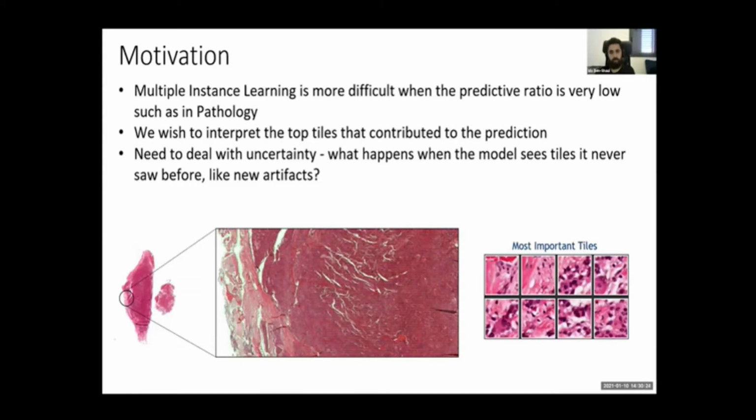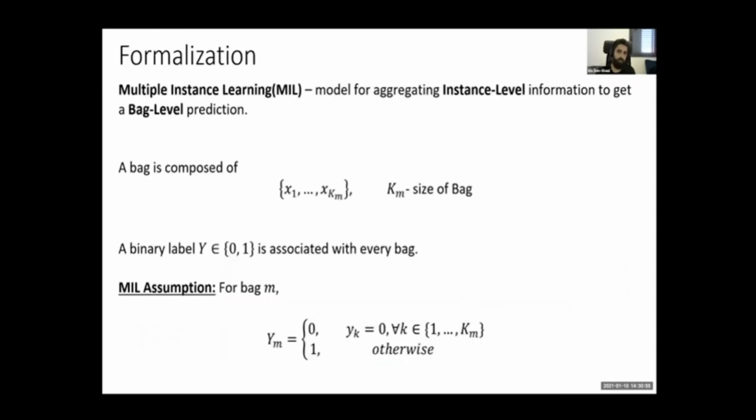The second thing we wanted to focus on is that we want the tiles that contributed the most to the prediction to have histological significance, something that is not usually promised in multiple instance learning. And the third is we want our model to be able to deal with uncertainty. What happens when the model gets tiles it has never seen before, something completely different from the training set tile-wise? So this was our motivation, and maybe we'll formalize this a bit before we go on.